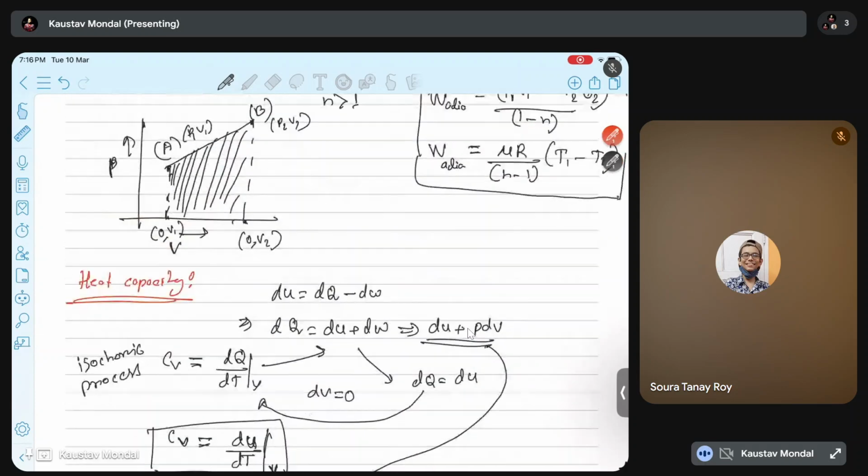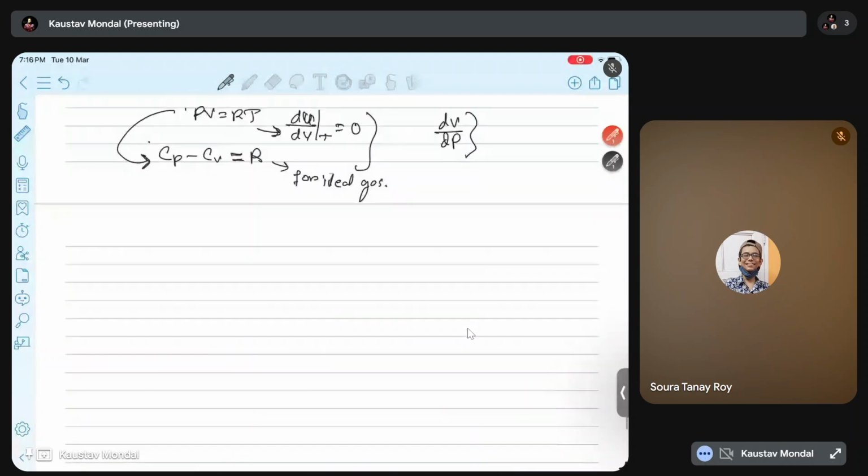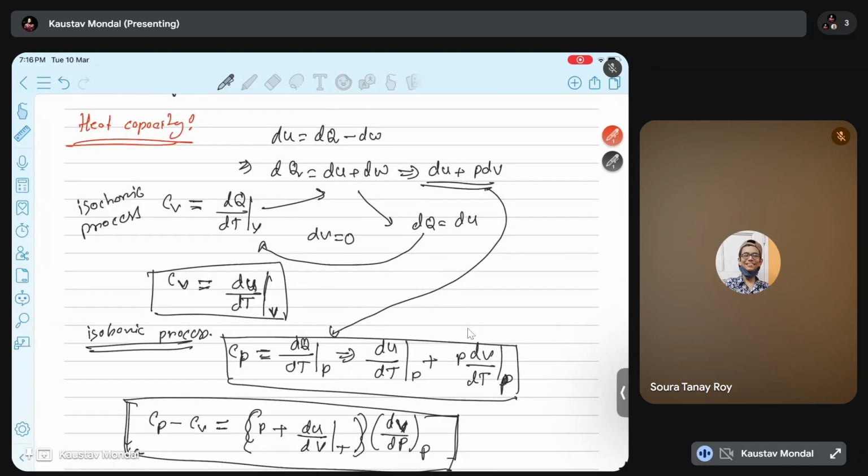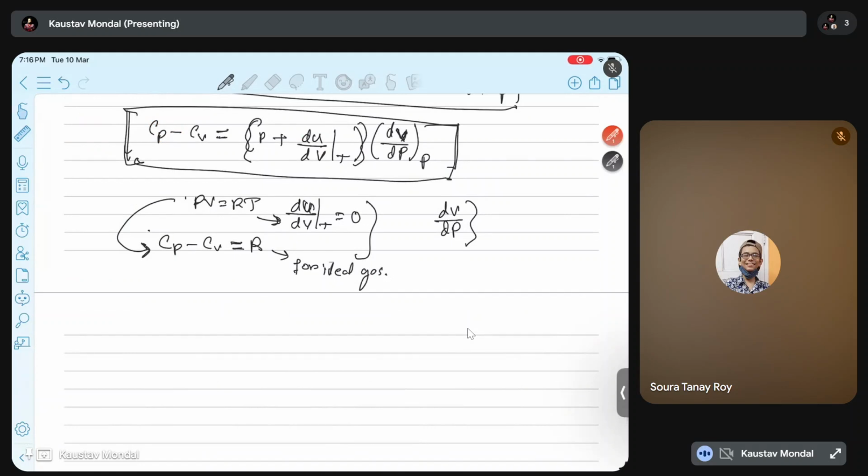Now you can also calculate the change of heat, delta Q, from the first law of thermodynamics.